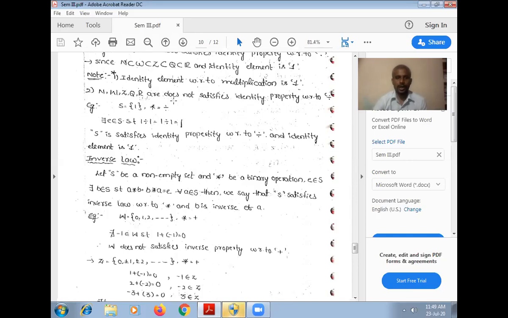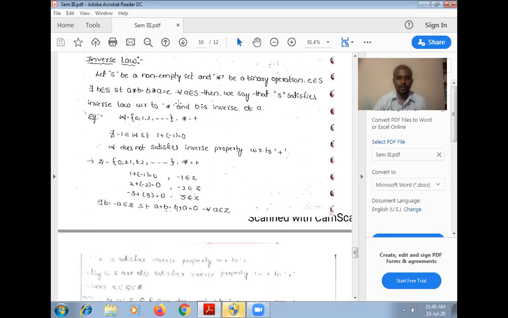So another law, the inverse law. The inverse law is related to the identity law. So first of all, listen here. The definition of inverse law is: let S be a non-empty set and star be a binary operation.